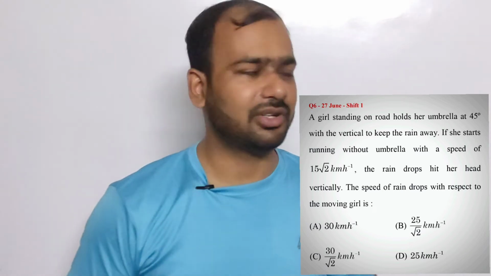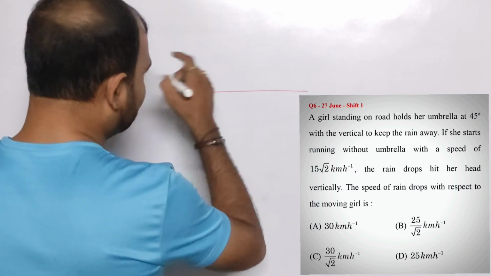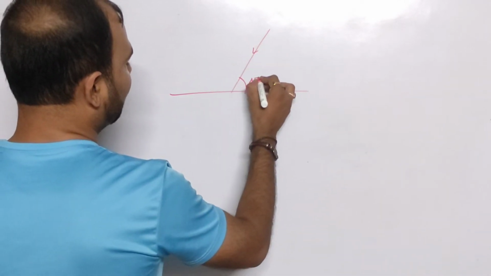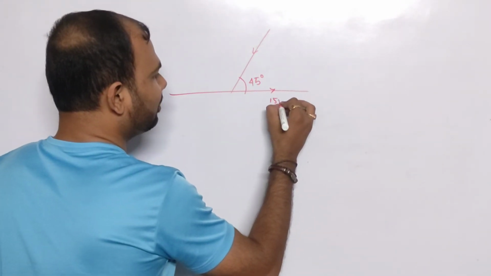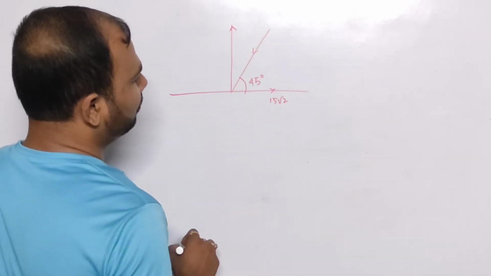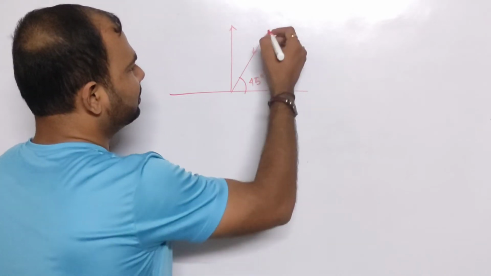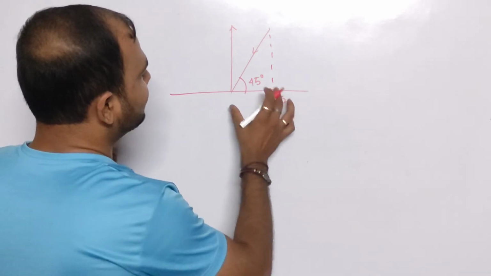So it is a very easy question. That means the rain is dropping at 45 degrees. If she moves 15√2, what will be the velocity? So very easy. Base by hypotenuse.